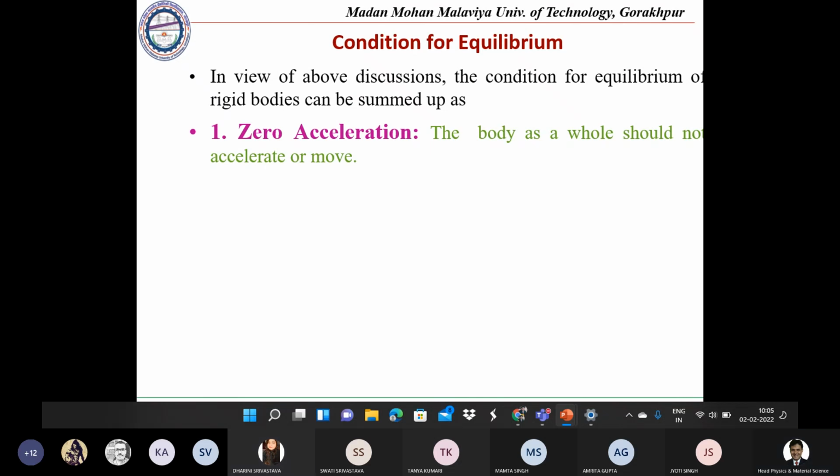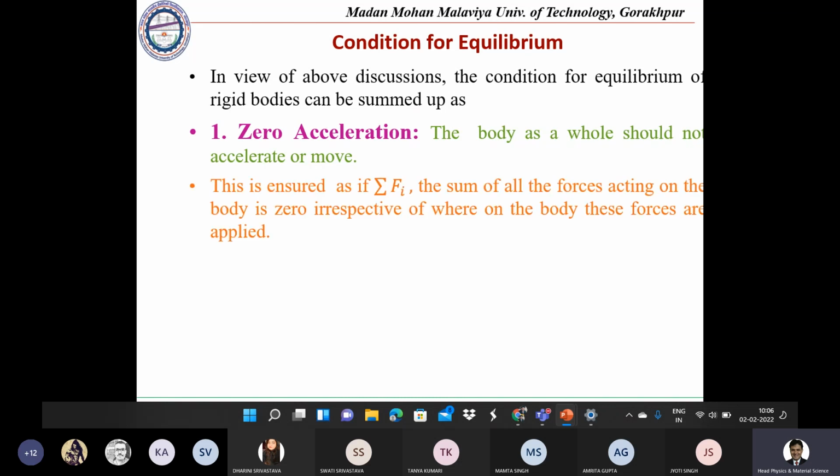So, in view of the above discussion, the condition of equilibrium of rigid bodies can be summed up as number one, zero acceleration should be there. The body as a whole should not accelerate or move.